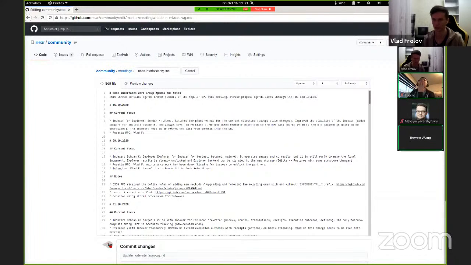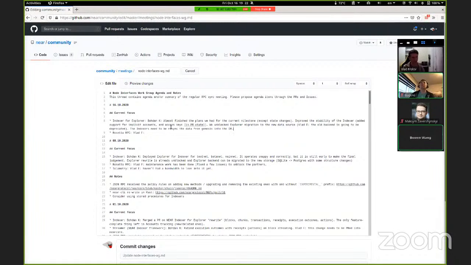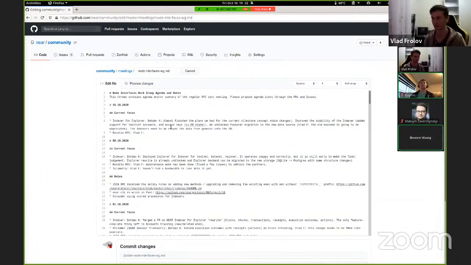It is all about the corner cases. When you add and remove the same access key in a single block, you may end up in a weird situation where it's added or removed, and without the order we don't know what the latest state is.